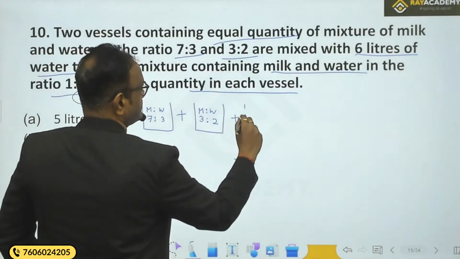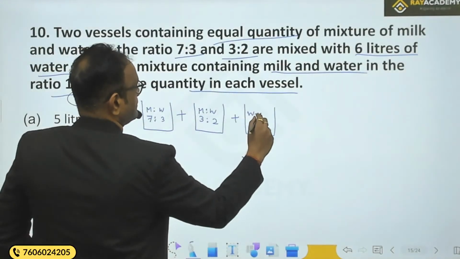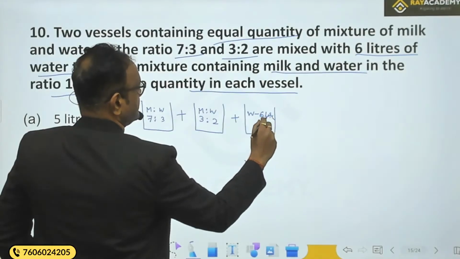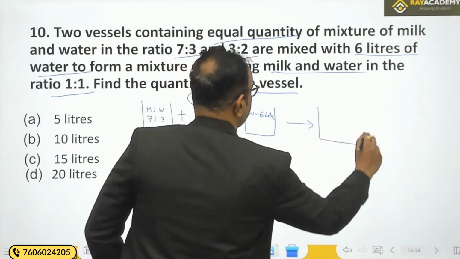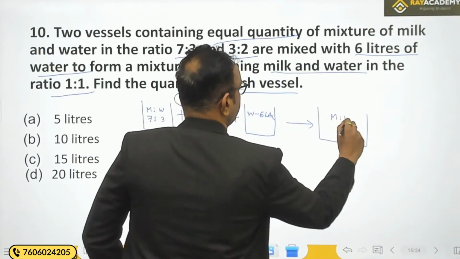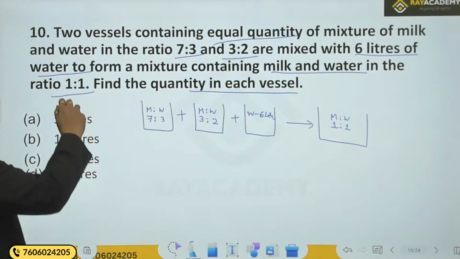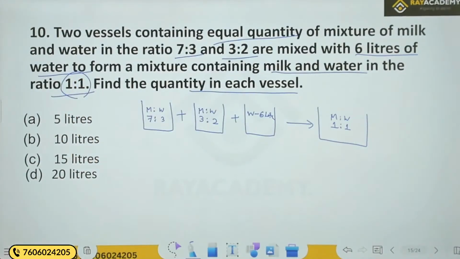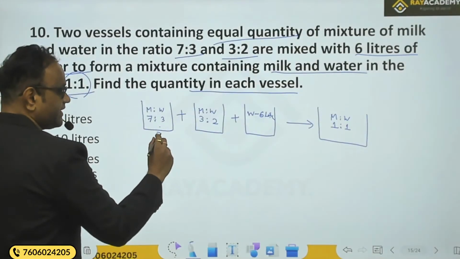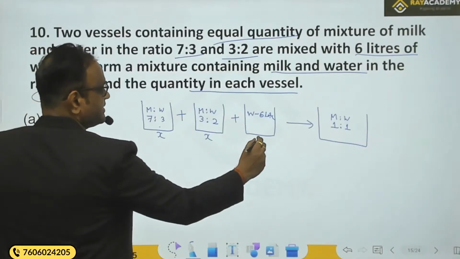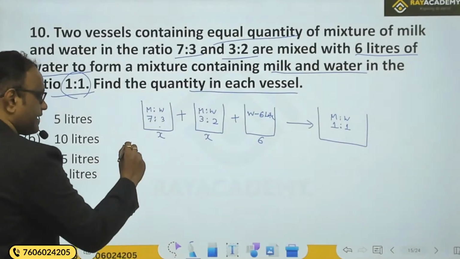Third container has only water, 6 liters. After adding, the milk and water ratio is 1:1 as per the question. These two containers have equal quantity, so let me take x and x, and the third container is 6 liters, only water. Simple calculation you can do.